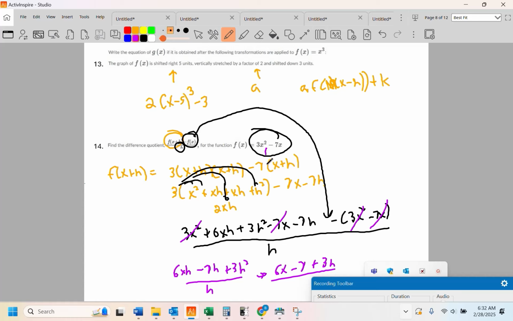It's a huge shortcut, and I want to teach it to you. But stare at this, and then stare at this, and see if you can come up with the shortcut, because it is there. There is a shortcut to this.